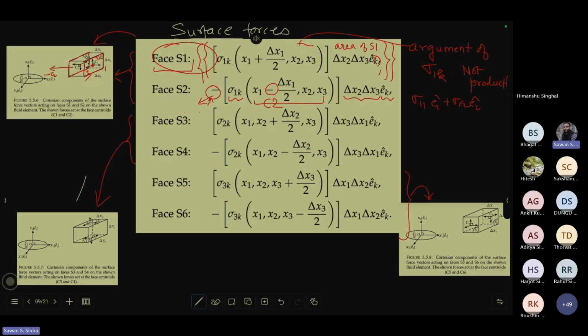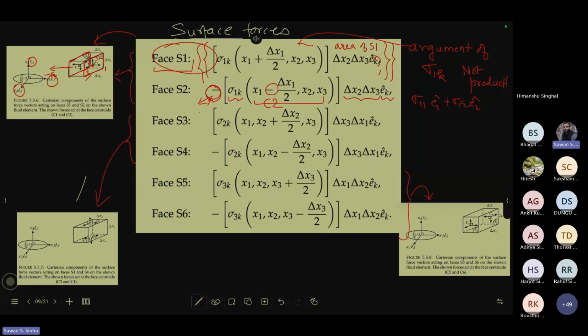So the force that you get using sigma on a surface which has outward normal in minus E2 direction will naturally be pointing in the opposite direction as E1, E2, E3. But I want to get all forces along plus E1, plus E2, plus E3. Then only I'll be able to add or subtract forces correctly. And that is why this minus sign is coming here.